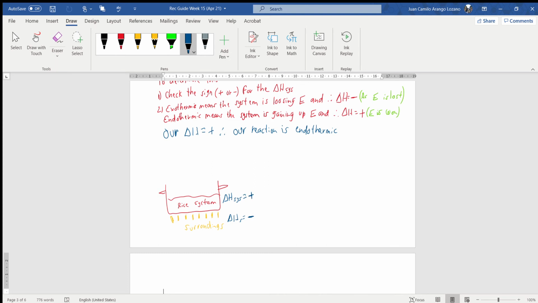Do you see it? When this happens, we normally refer to this as an endothermic reaction.